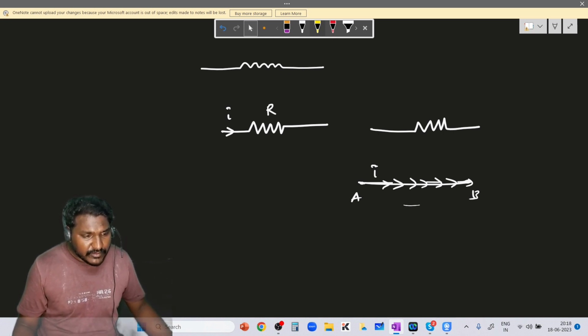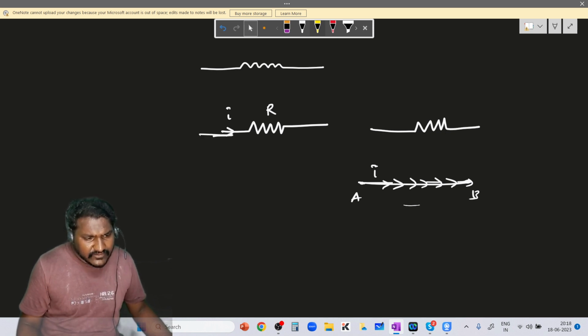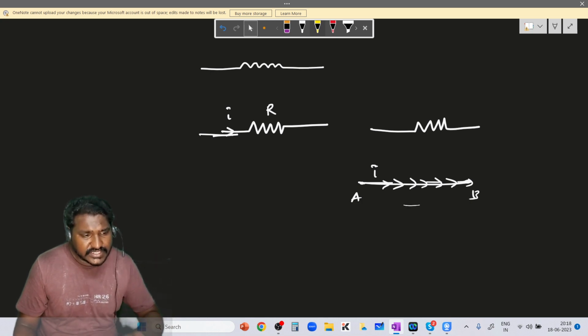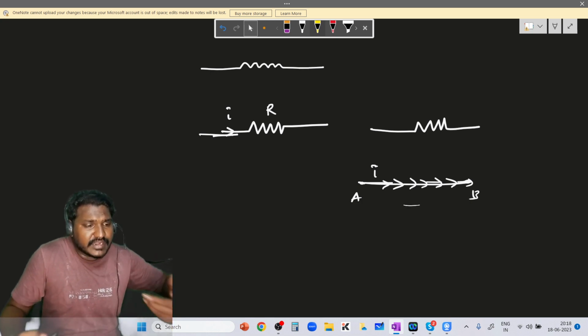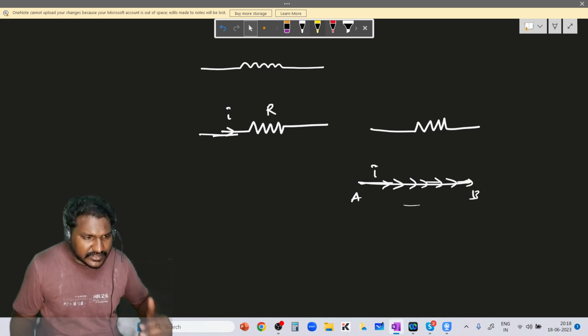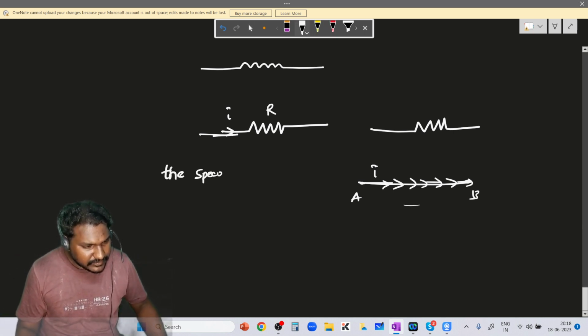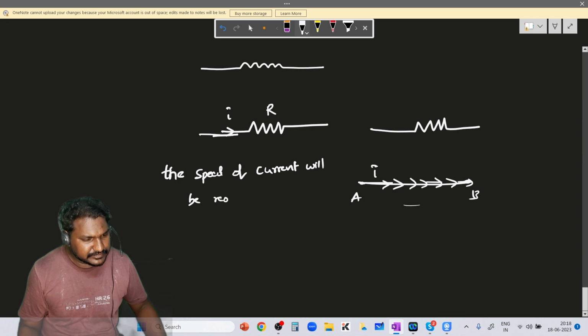But if we connect the resistor like this, the magnitude of current will not change, but it will take more time. The pace of current will be reduced, the pace or the speed of current will be reduced, because now it has to flow all through this line.